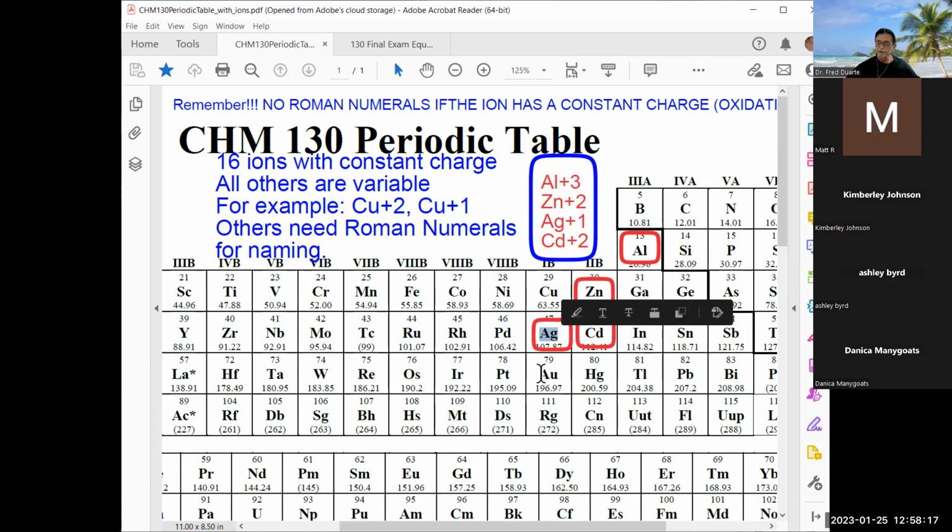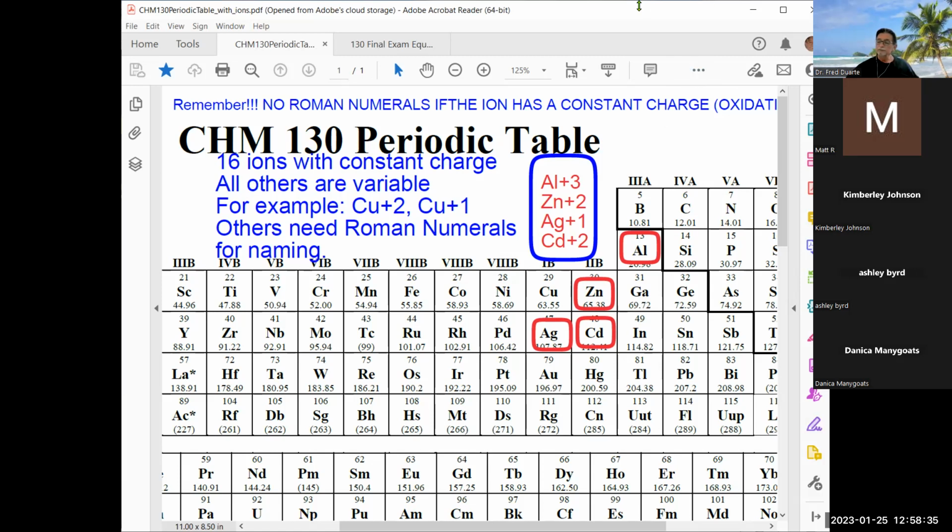Here it is, silver. Here's gold below it. Here's mercury. There's platinum, palladium. So we'll be using those with time. I just want to introduce you to them.